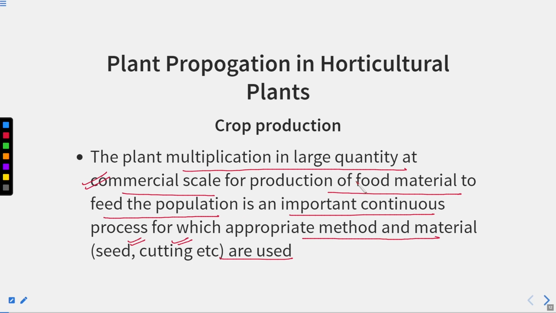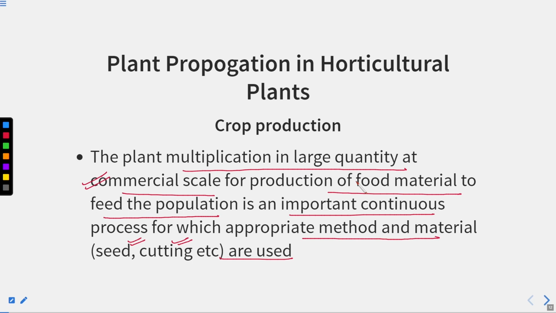Suppose I'm taking an example. If you are growing a potato crop with the help of seed, you will sow the seed, it will come out, there will be a seedling, then there will be taking care of those seedlings, and then there will be growing of the plant, right? It takes time.